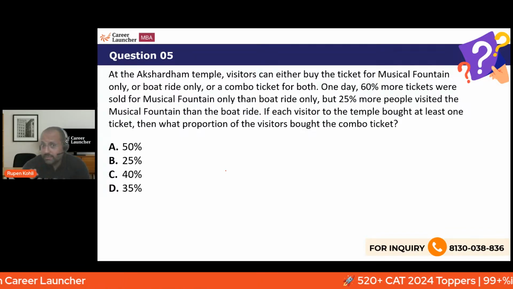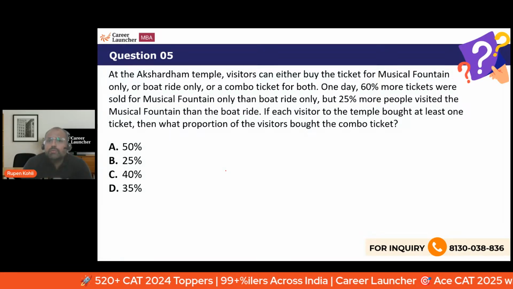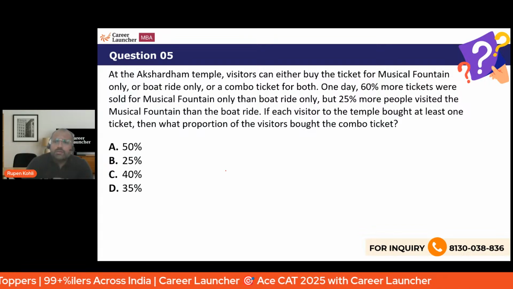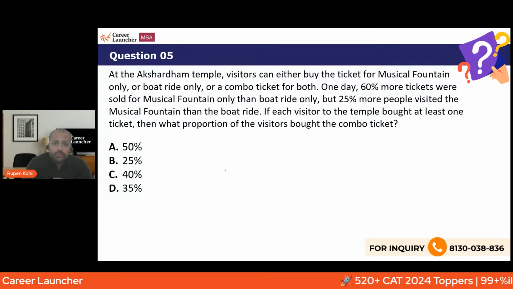At the Akshardham temple, visitors can either buy the ticket for the musical fountain only, or boat ride only, or a combo ticket for both. So if I'm going to the musical fountain, I might have bought the only musical fountain ticket or maybe a combo ticket, right? One day, 60% more tickets were sold for musical fountain only than boat ride only.